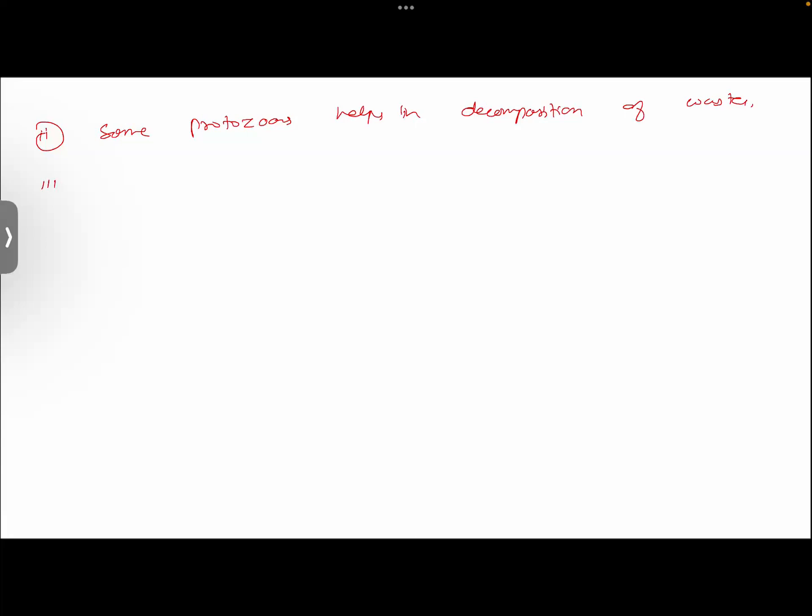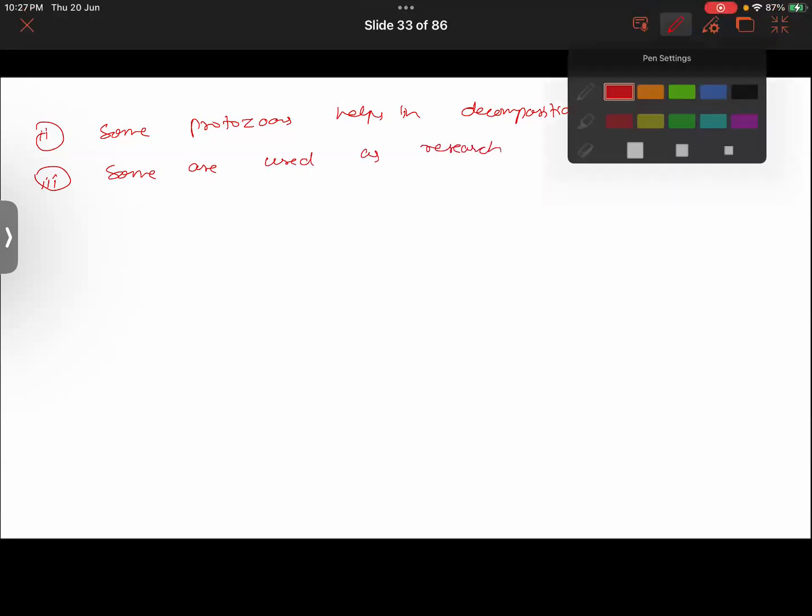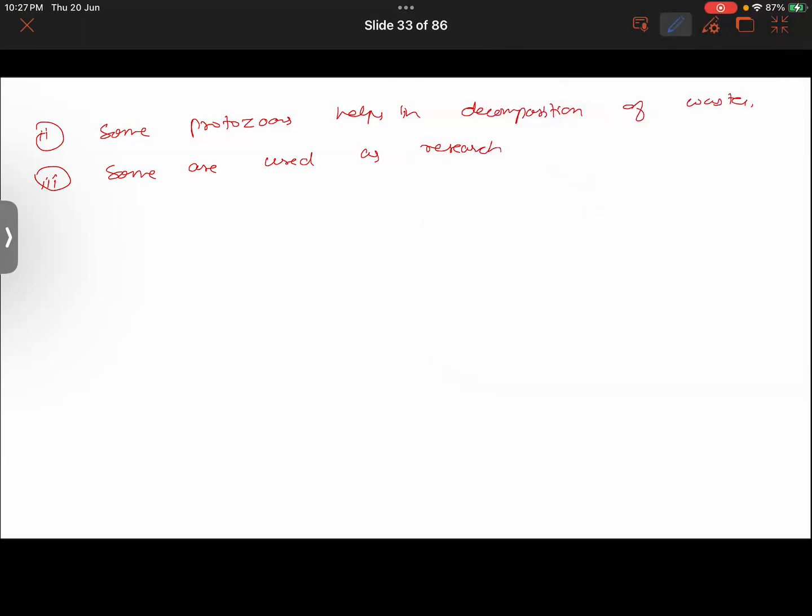Okay, now another important use of protozoans is that some of them would be used as a research material in certain biological activities. Suppose we have prepared some new medicines, like antibiotics or vaccines, and we want to do some research on it, like how the protozoans would react if we were to put some medicines on them.